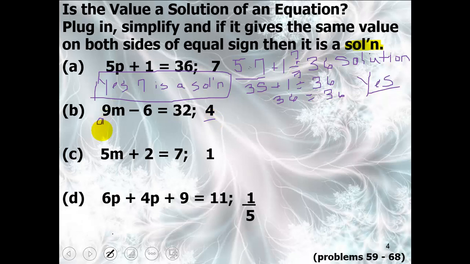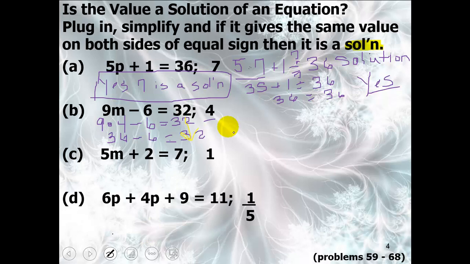So I'm going to have 9 times 4 minus 6, and I want that to equal 32. 9 times 4 is 36, minus 6. Notice how I'm carrying this one side down, because there's nothing to simplify over on that side.